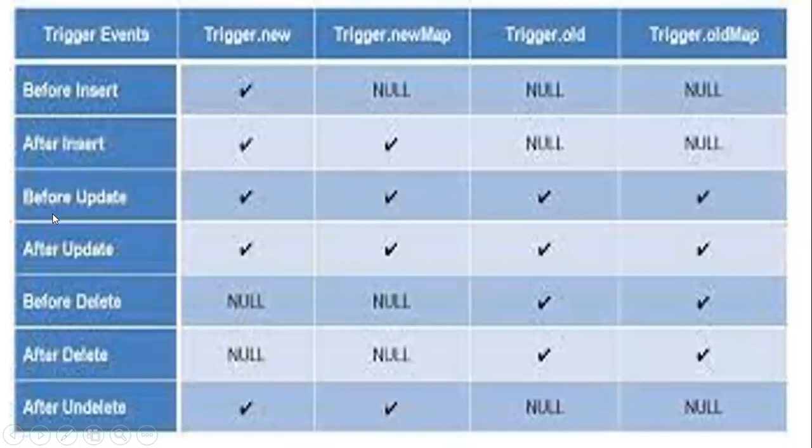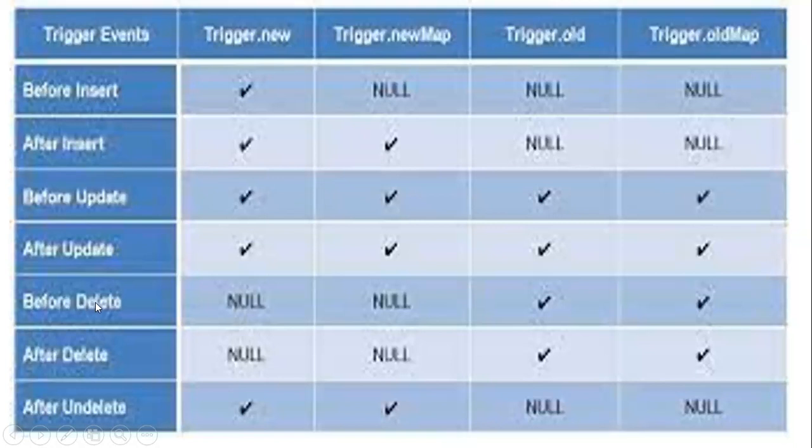So no worry about it. The confusion is before insert and after insert. Both are the same, but the only difference is one extra context variable, trigger.newMap. Before update and after update have four context variables.